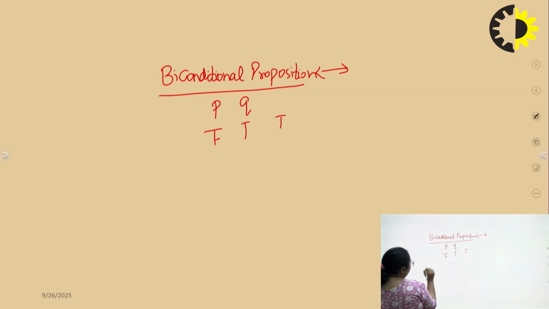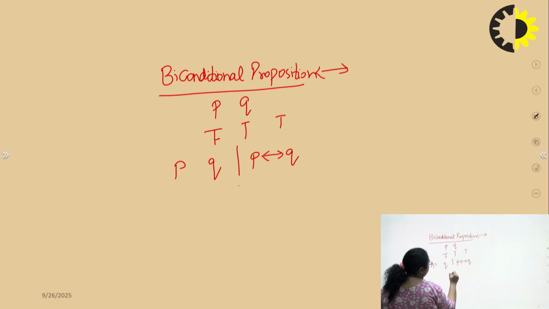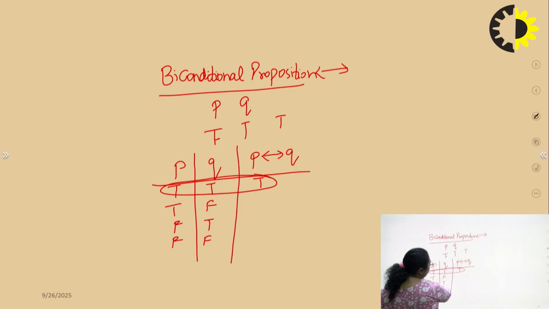Now let us make a truth table for the biconditional proposition. So we have true, true, true, false, false, true, and false, false. According to the biconditional condition, it is true for the first, and false for all other values.